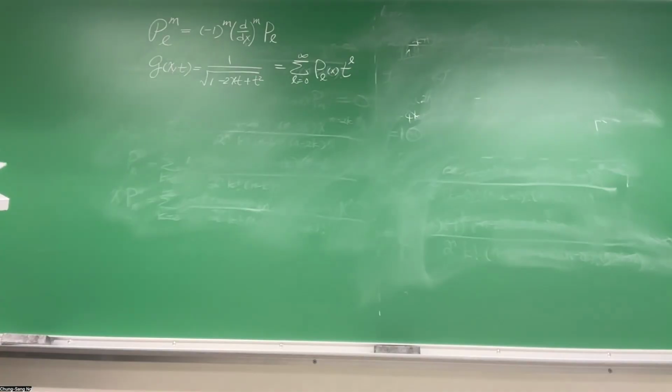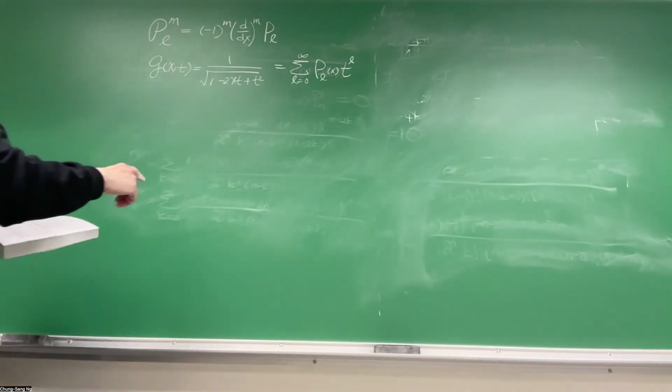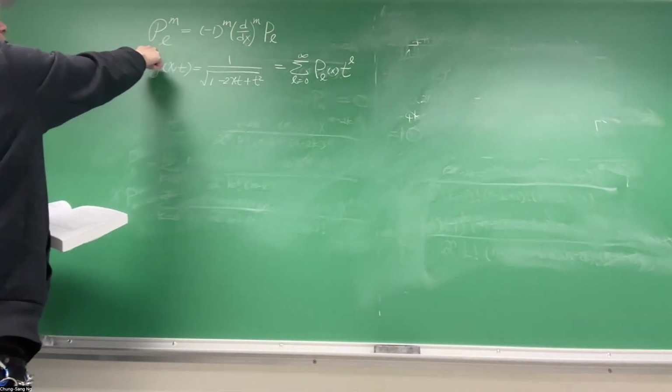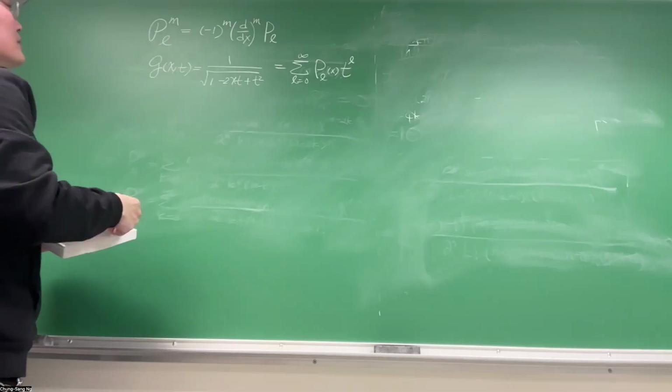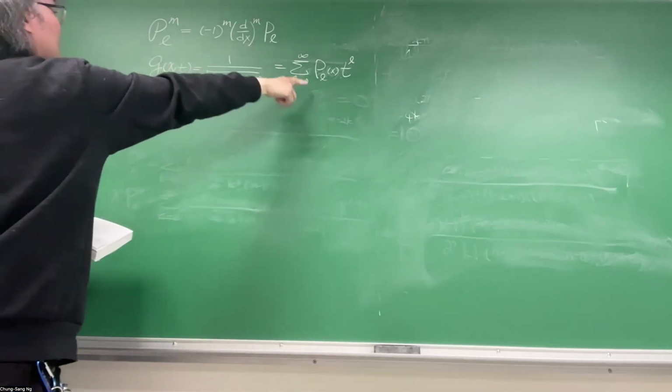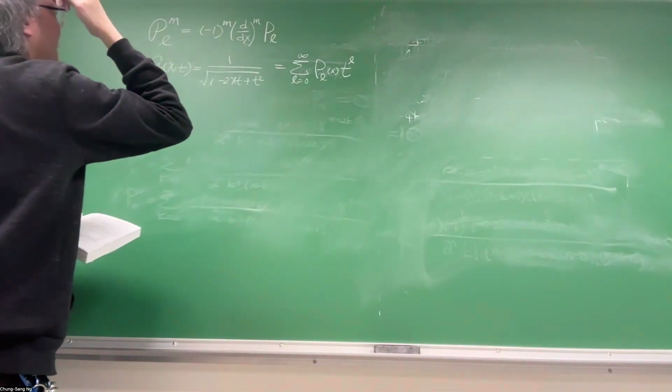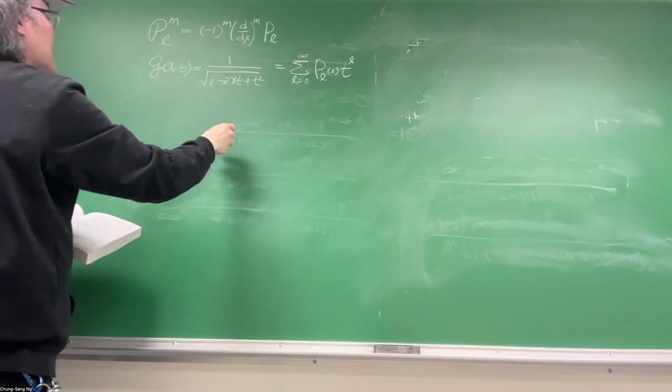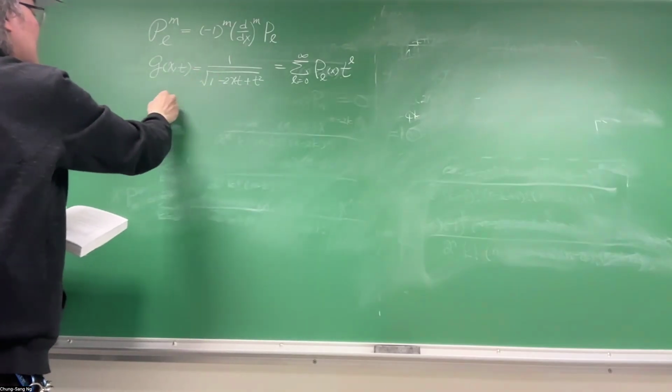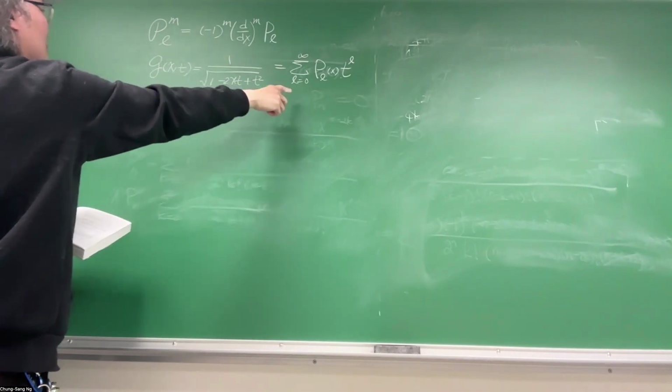So now the idea is to get the generating function for this one, for the associated Legendre polynomial. You basically take m derivatives here, or including this factor. So basically, you apply this operator on both sides.